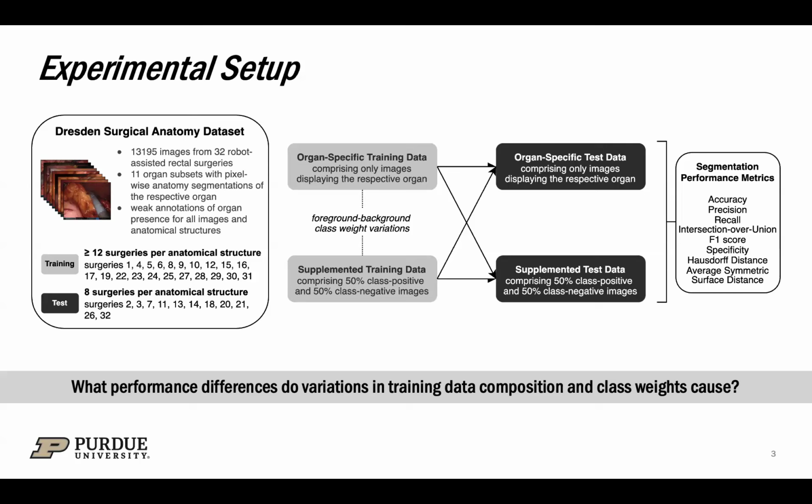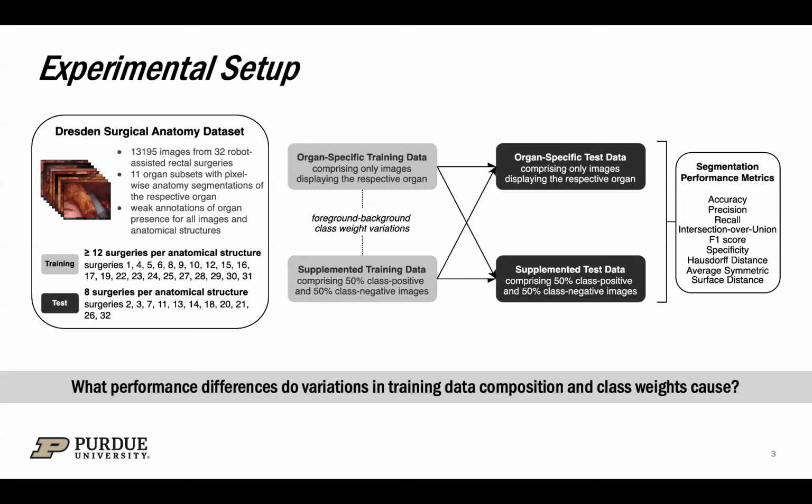And we analyze the consequences of these two different kinds of data composition through a series of experiments. And secondly, when we are varying the class weights for the foreground organ and the background in the loss function, we could potentially manipulate the performance of a model.